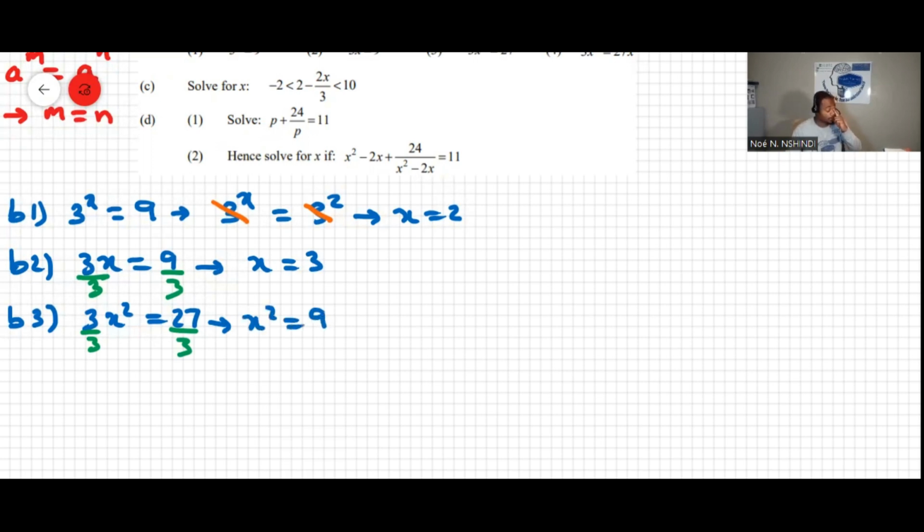Now, 9 is a square number, so we can write it as x squared equal to 3 squared. It's similar to the property listed before: if you have a to the m equal to b to the m, when the exponents are equal, this implies the bases are also equal. So when we drop the exponents, we equate the bases. This means that x equal to 3.